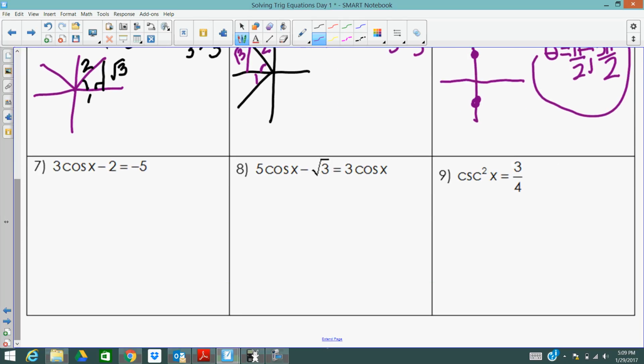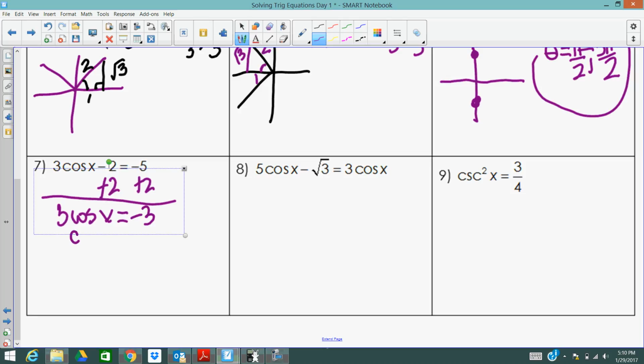Seven, 8, 9 are a little bit different because we have to actually solve first, isolate the cosines. So in example 7, first thing I have to do is add 2 over to the other side. So we get 3 cosine of x equals negative 3.